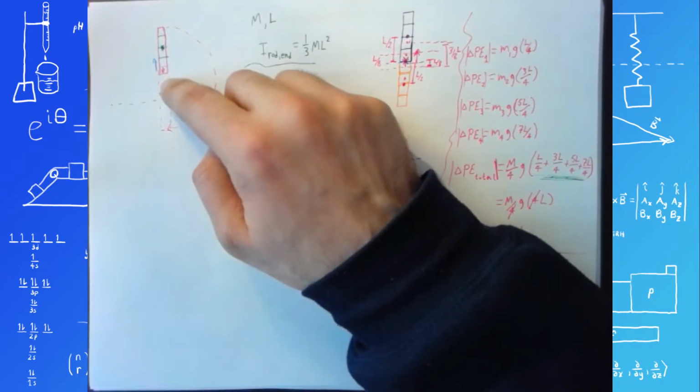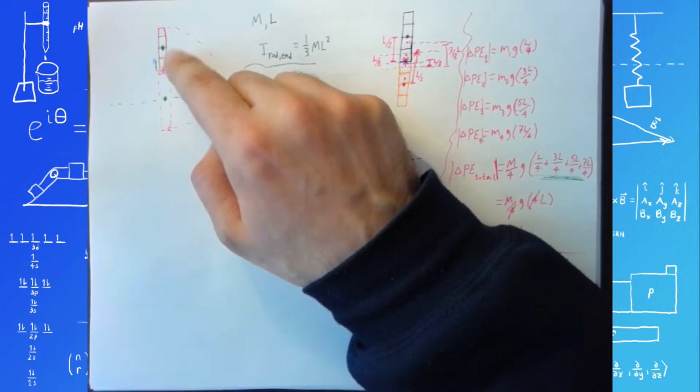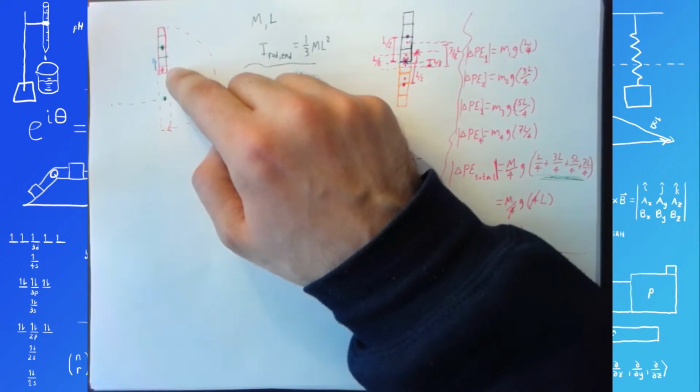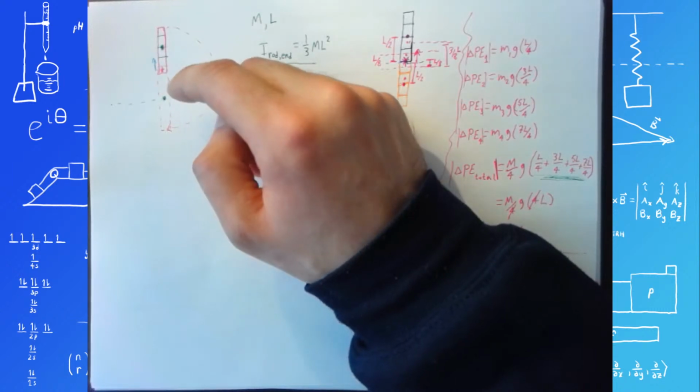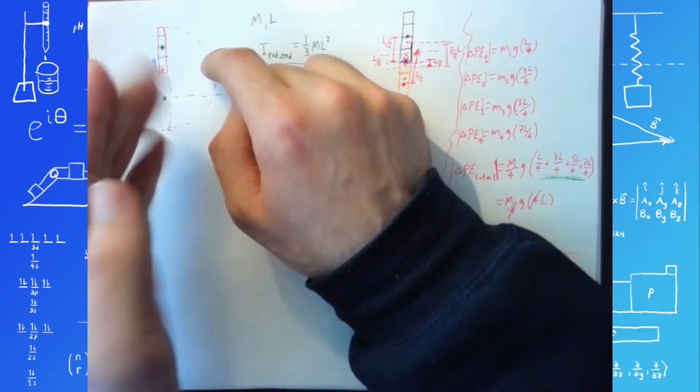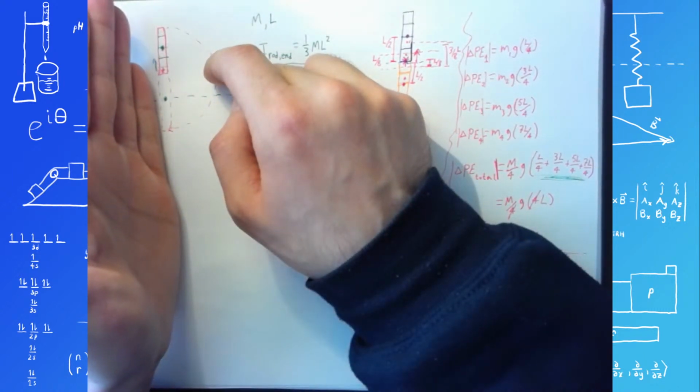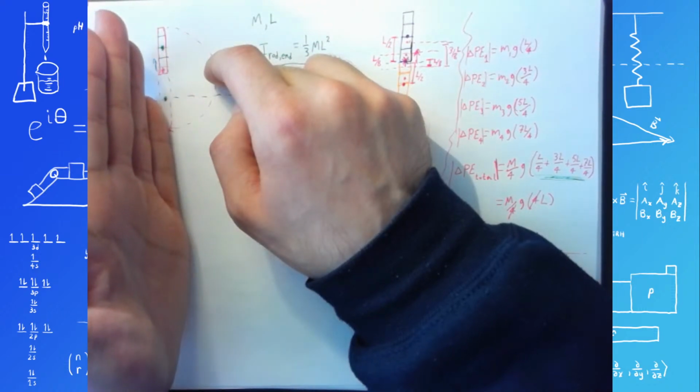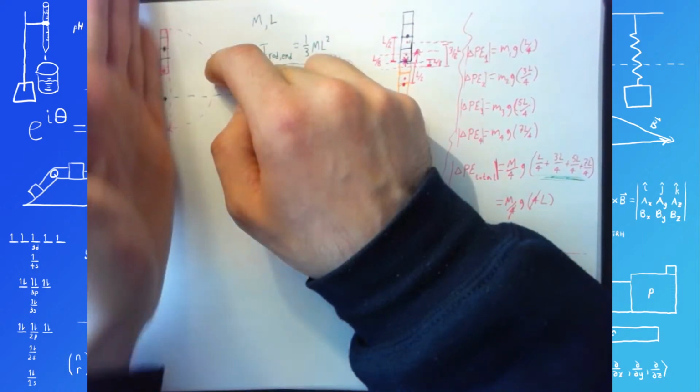So yeah, there's a normal force being exerted upward by the axis, but there is no motion along the direction of that normal force. There's no translational motion specifically. There's no translation happening vertically up or down.